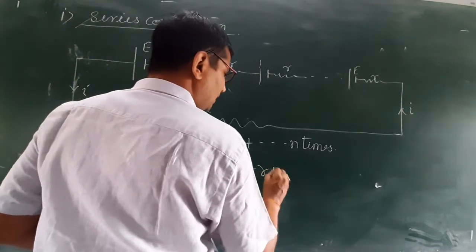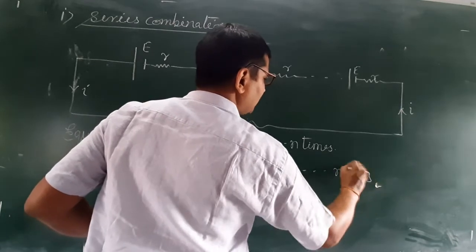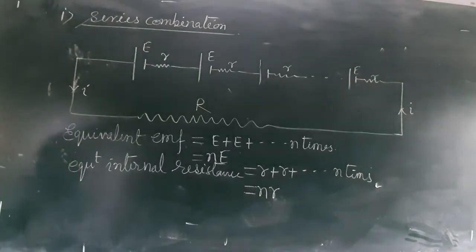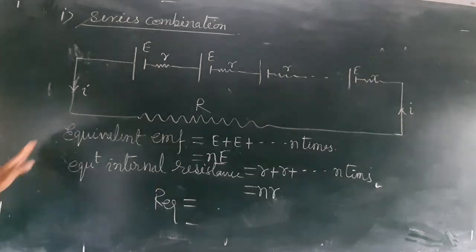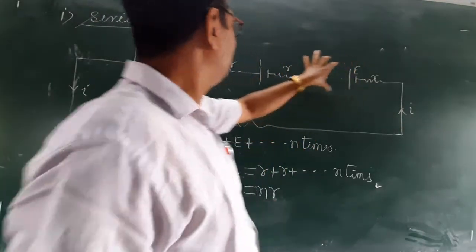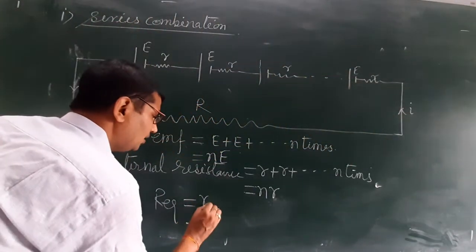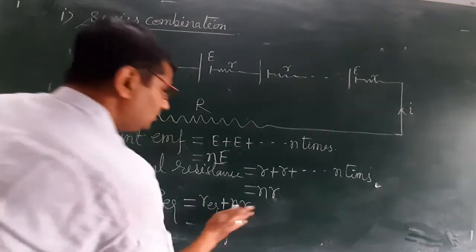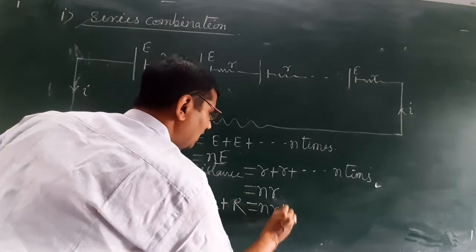You may see r plus r, n times, and this will be nr. So the total equivalent resistance will be what? You are seeing that this internal resistance is connected in series with capital R. So the equivalent resistance is nr plus capital R.